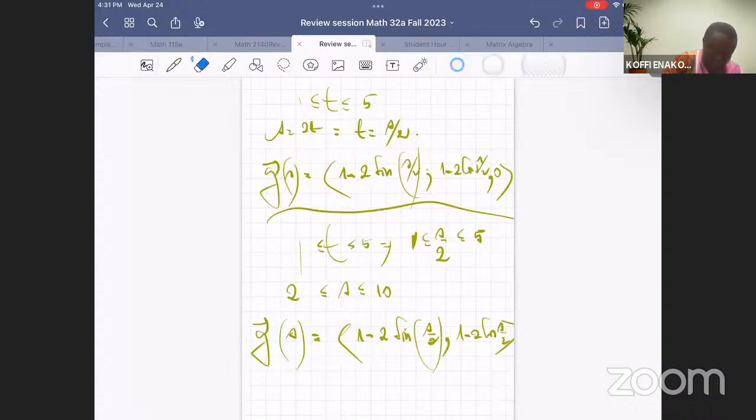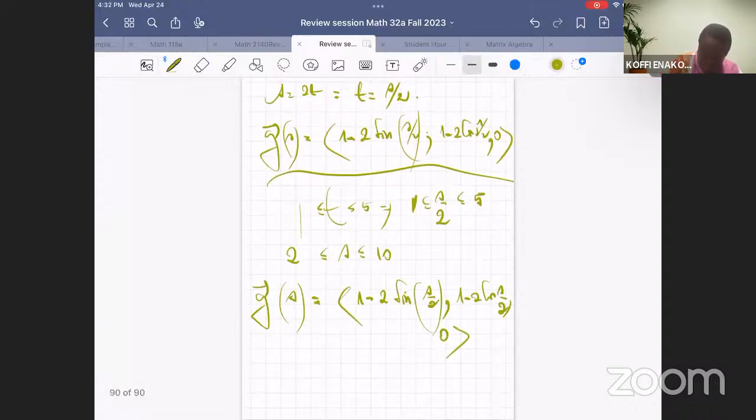And the third component is zero, with s between 2 and 10. Any question? No question?